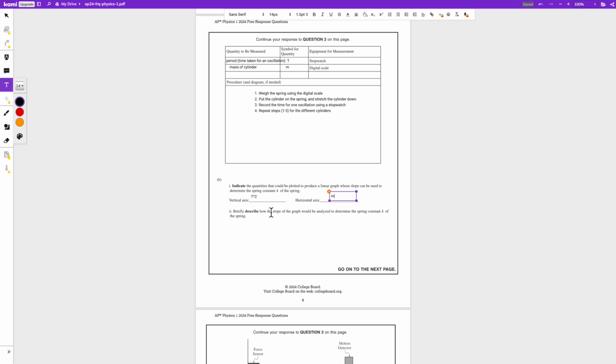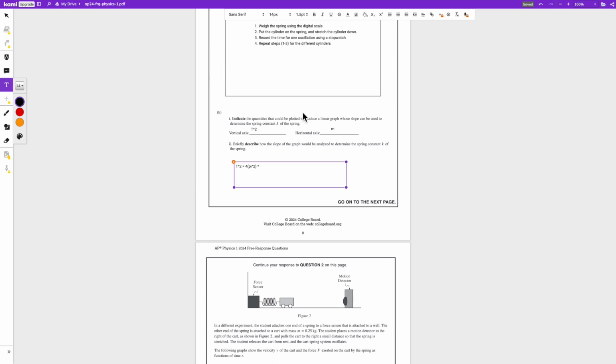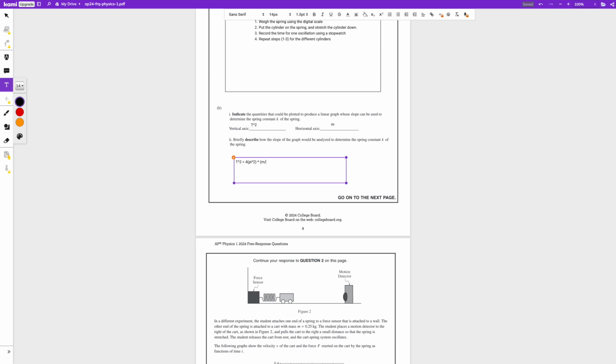So briefly describe how the slope of the graph could be analyzed to determine the spring constant. So if we were to square both sides, then our equation is going to become T squared is equal to 4 pi squared times, and now there's no longer a root here, so it's just m divided by k.